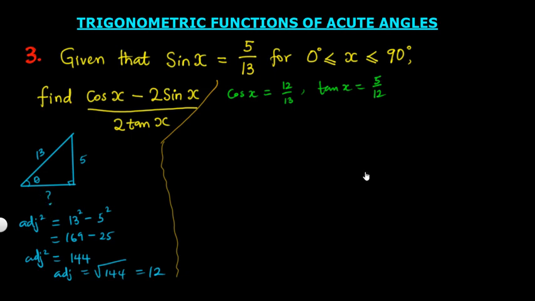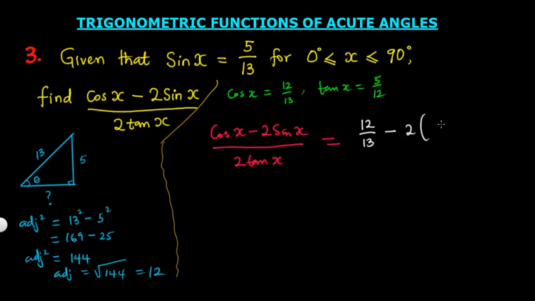Now that we know this, the problem at hand, which is cos x minus 2 sine x divided by 2 tan x, will then be equal to the cos x given to us, the ratio of 12 to 13, minus 2 times the sine x, which is 5 over 13, all divided by 2 times the bracket of 5 over 12, which is tan x.